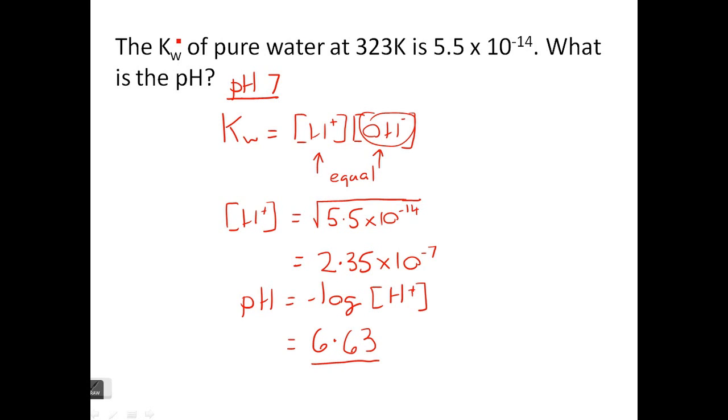Because Kw is temperature dependent. So you can see that we've increased the temperature and the pH has decreased. So you can say that pure water is pH 7 at 298 K, but at 323 K the pH is 6.63.